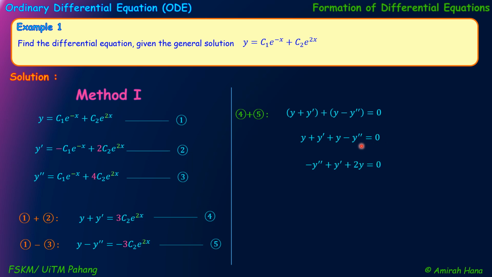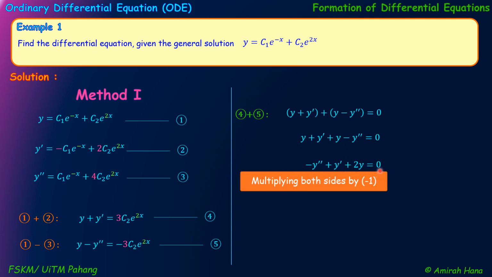Then we simplify, so we get negative y double prime plus y prime plus 2y equals 0. We multiply both sides by negative 1 to make the coefficient of y double prime positive. So the differential equation is y double prime minus y prime minus 2y equals 0.